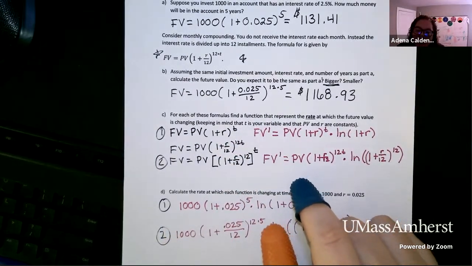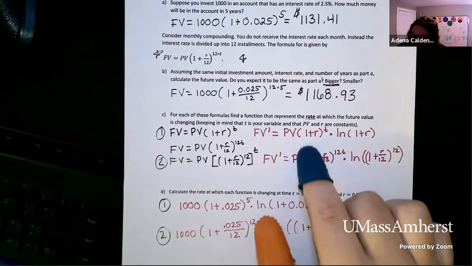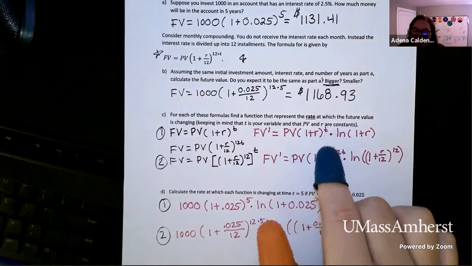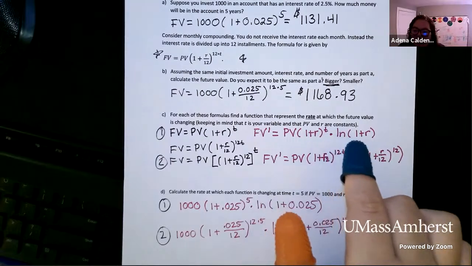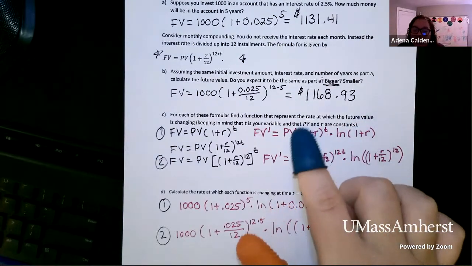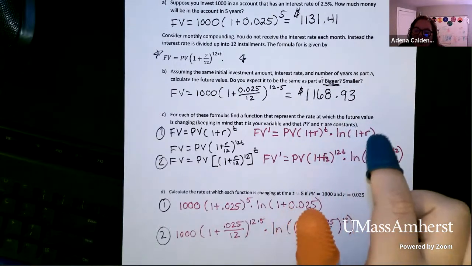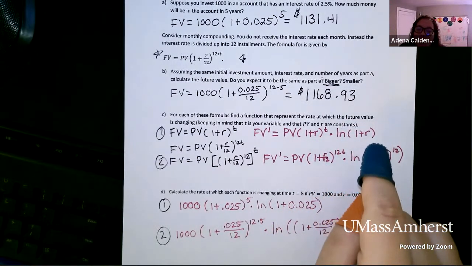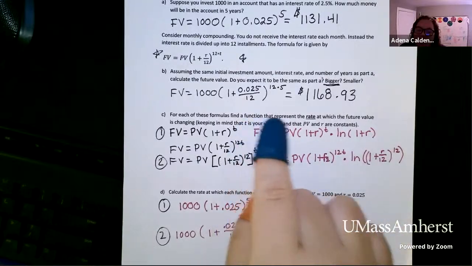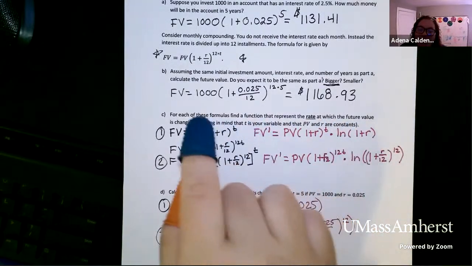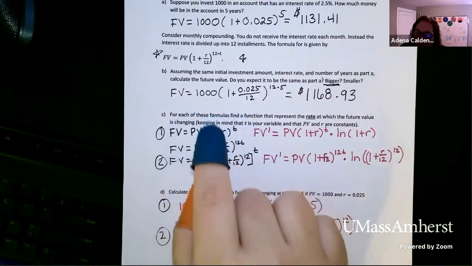Since t is in the power, it's exponential. And so we get the same thing back, 1 plus r to the t times the natural log of the base. Well, the entire 1 plus r is raised to the t, so the base here is 1 plus r. So this is how we would write this first derivative, right, for the annual compounding.